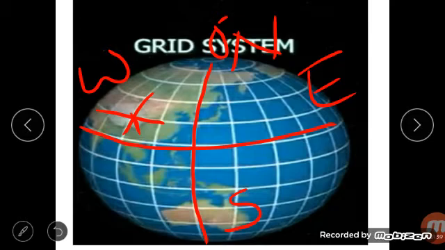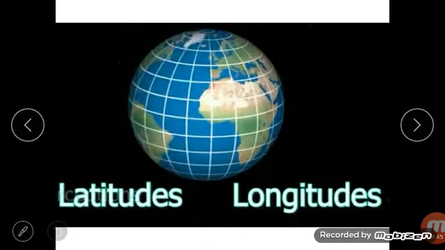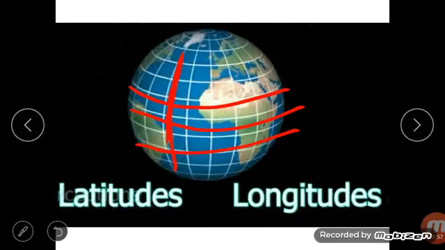So here I am taking an example. These all are latitudes and longitudes. Here you can see that all longitudes and latitudes are meeting at one point. So that point tells us the location of that place.